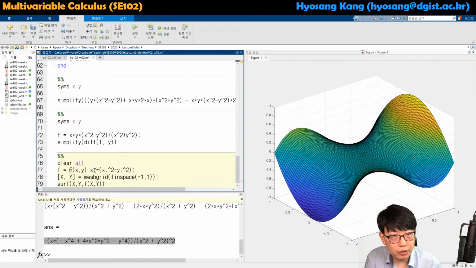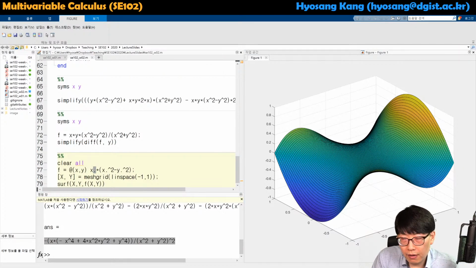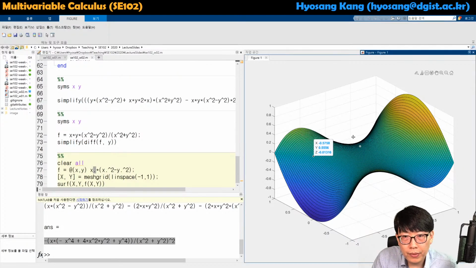I forgot to put the dot here. Okay, so this is the graph of our first problem.